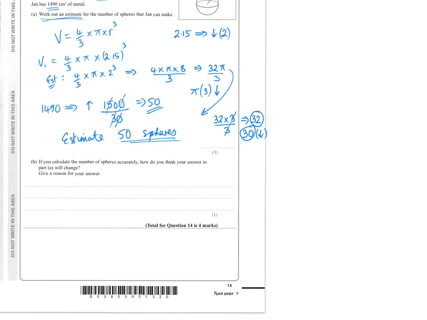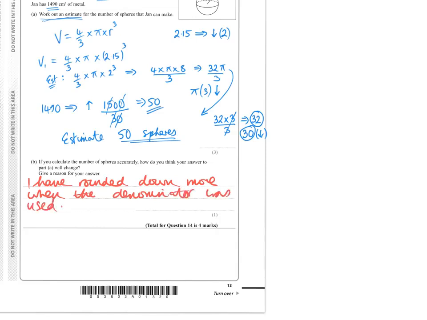I think I will just say I have rounded down more when the denominator was used, so I would actually have less spheres.